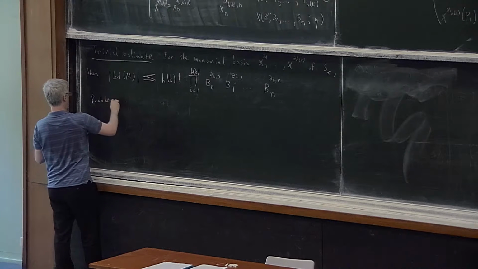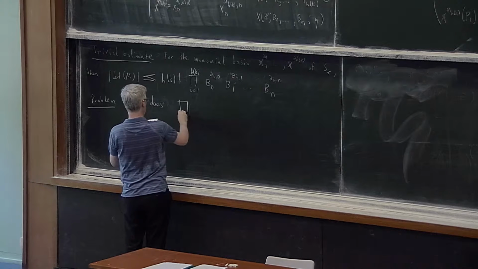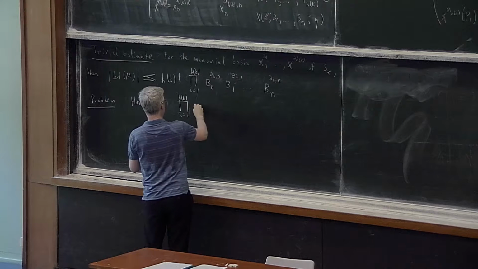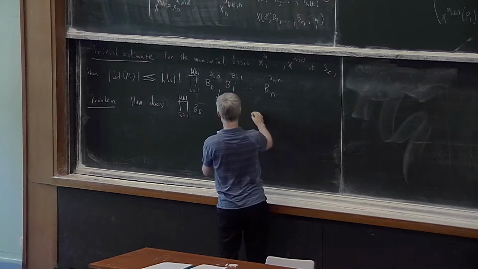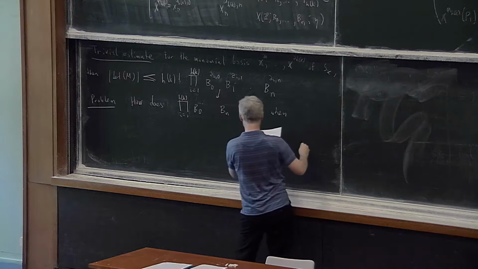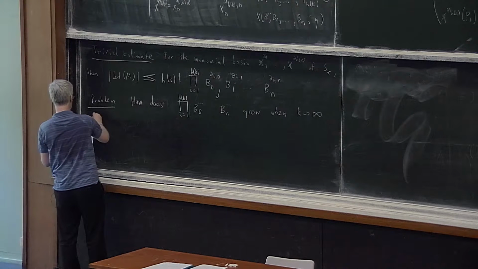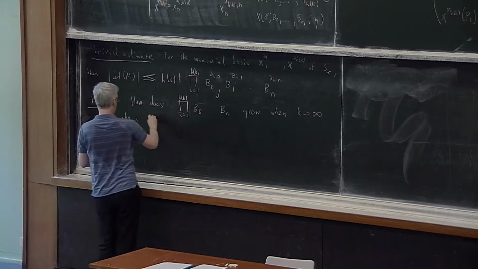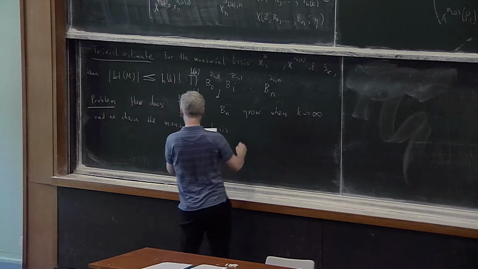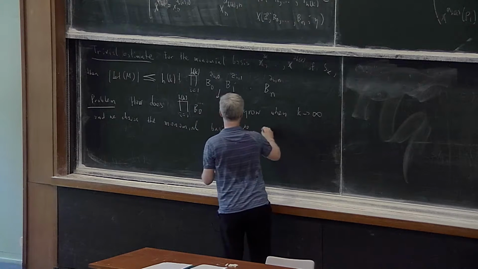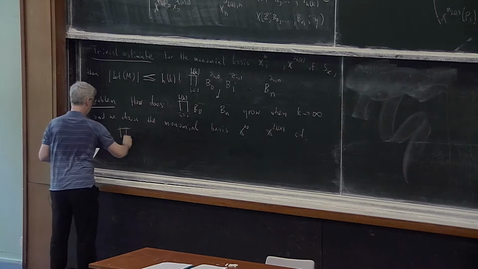So the problem is the following: how does this bound, it's exactly the same expression as here, B0 up to Bn, so I do not repeat it, how does this grow when k goes to infinity and we choose the monomial bases x^{a_0} up to x^{a_{h_k}}, such that this product is minimal.